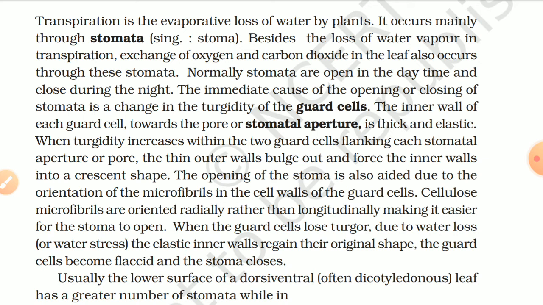The inner wall of each guard cell towards the pore or stomatal aperture is thick and elastic. When turgidity increases within the two guard cells flanking each stomatal aperture, the thin outer wall bulges out and forces the inner walls into a crescent shape.